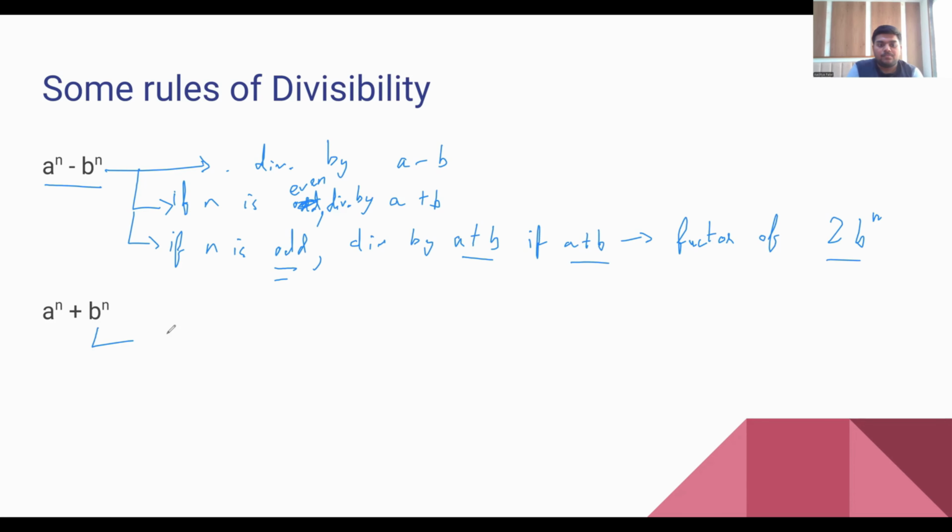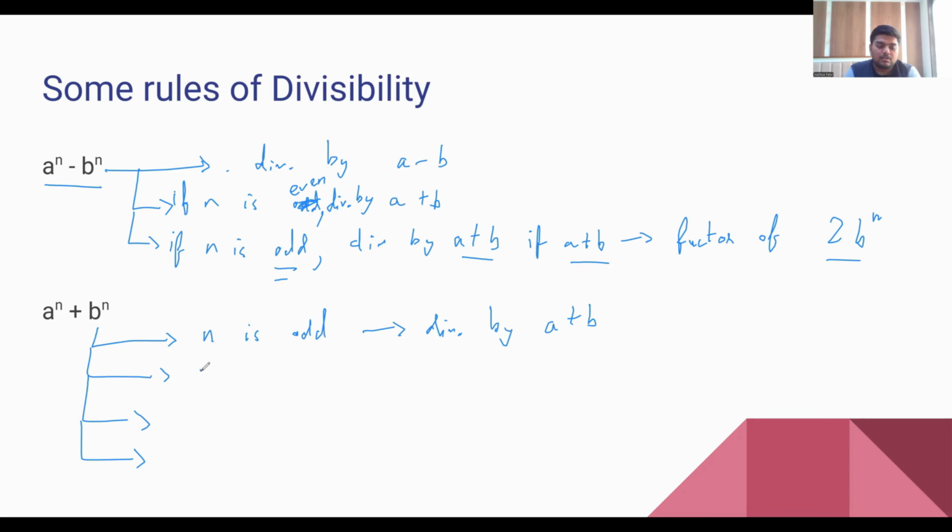And now there are four different cases for a to the power n plus b to the power n. When n is odd, then divisible by a plus b.